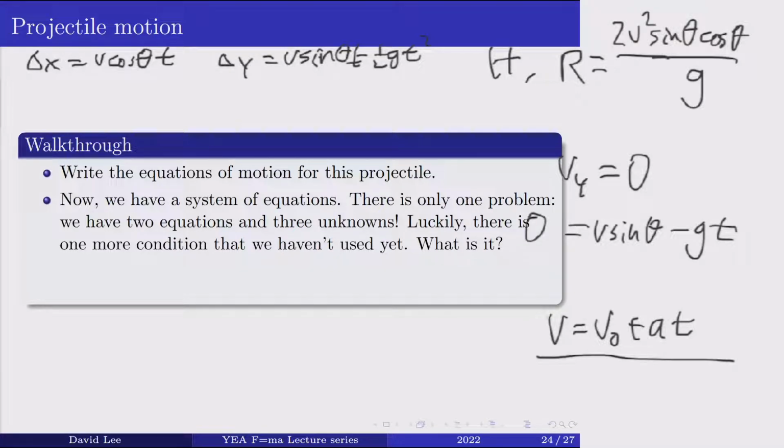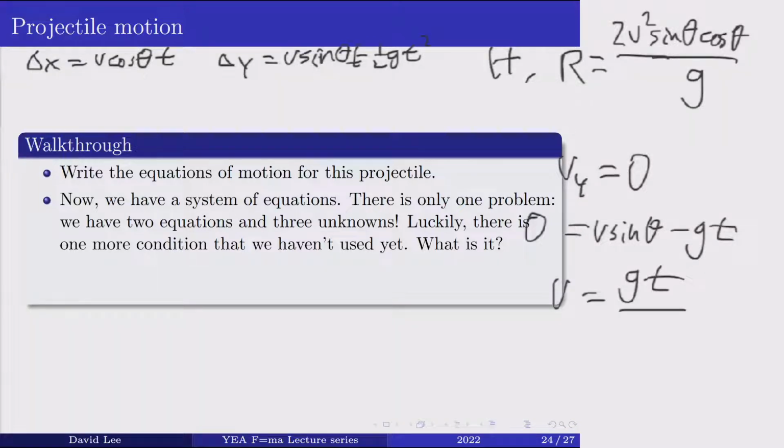So now what we can do is solve this equation. Wait, no, we solve for T, sorry, my bad. We solve for T, which is V sine theta over G, because T is unknown and V is given.